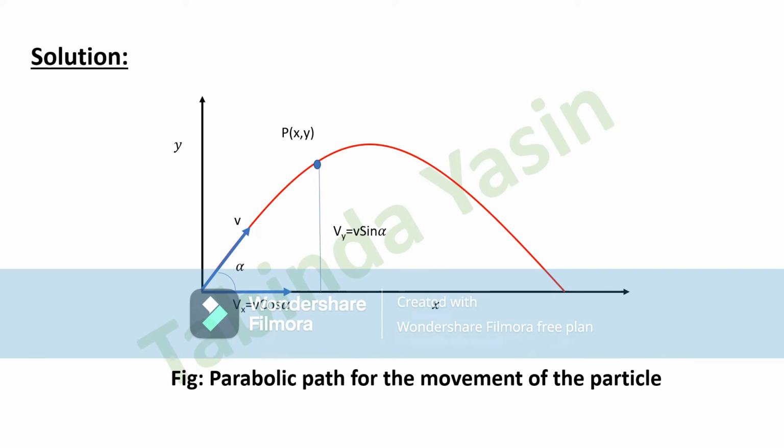Here we have two coordinates, x and y. We have a parabolic path of the particle.